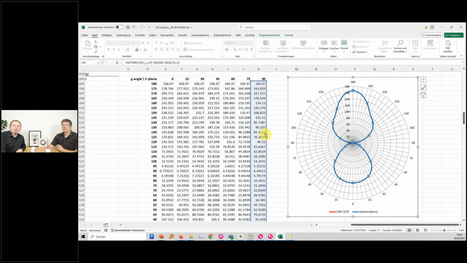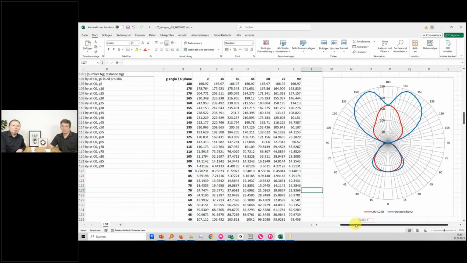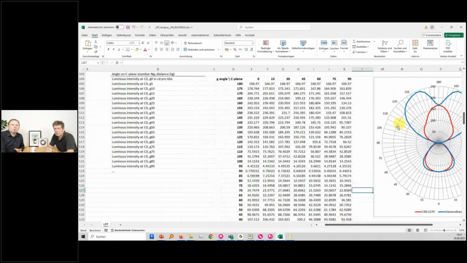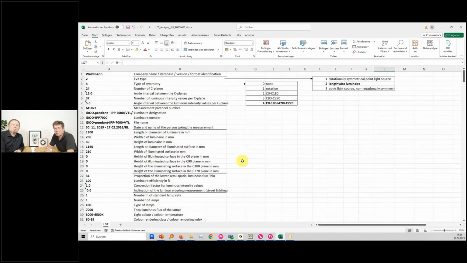So this is nice to play with in Excel, but not really for daily life with LDCs, but it's good for education reasons and also to get an understanding of the file format. It's not really common for lighting designers to step so deep into these numbers, but it's interesting to understand what is inside this file.